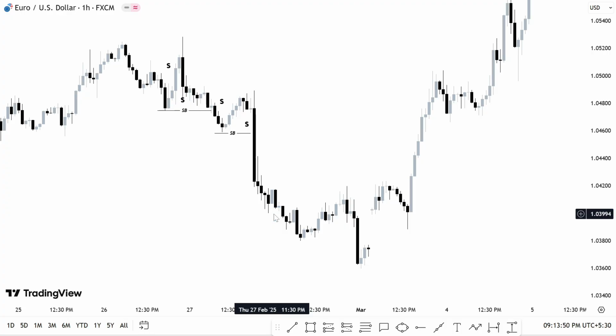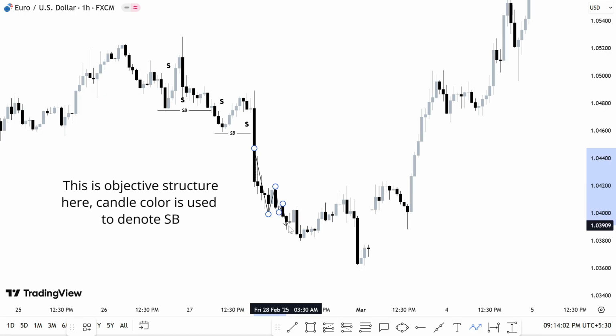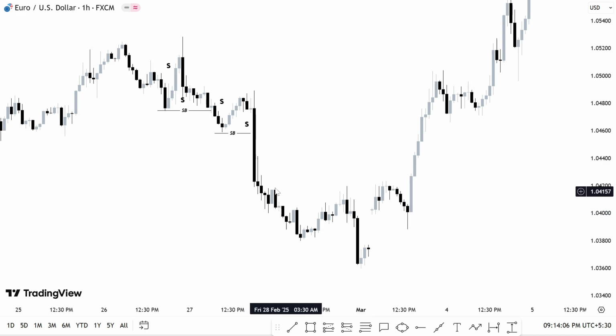This is not a swing structure, okay, but this is just an objective structure. Okay, a bearish candle, bullish candle, and then bullish candle, bearish candle, and we do not mark these structures. Maybe in lower time frame it is a valid structure, but for the 1 hour it is not a valid swing spacing structure.